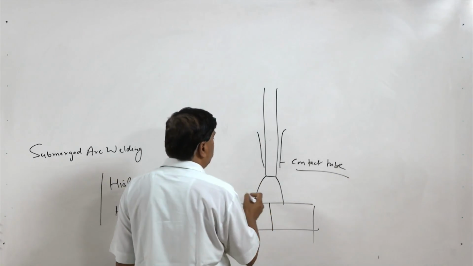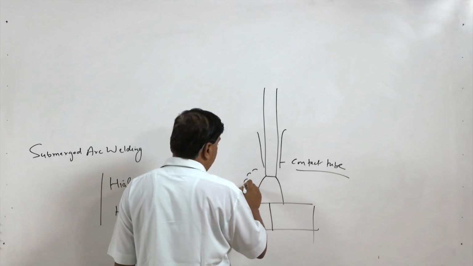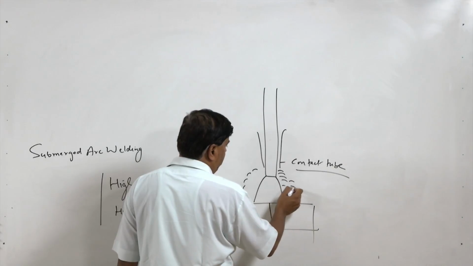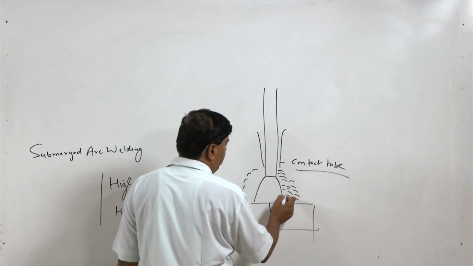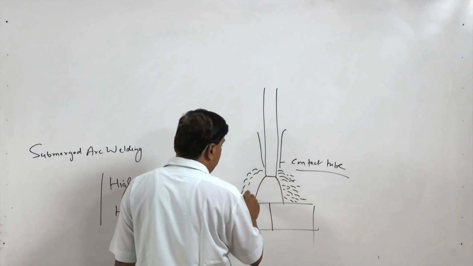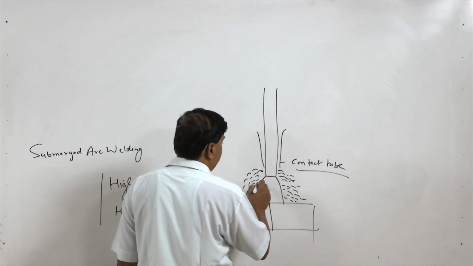All around this, there will be a pool of flux, a mound or a piling up of the flux is done. So, the whole of the arc is actually submerged under the flux.